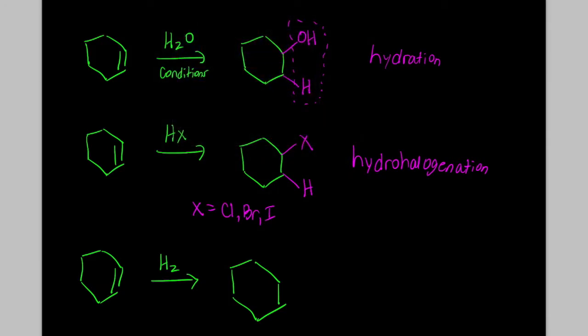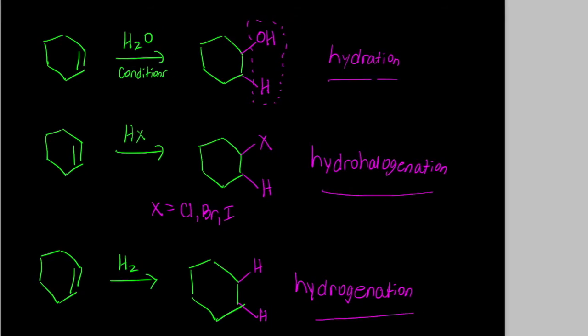We normally don't draw hydrogens, but I need to add them here because I'm talking about it. And this is called hydrogenation. And you need catalysts, and there's certain conditions involved, but this gets us started in thinking about all of the names of the reactions.